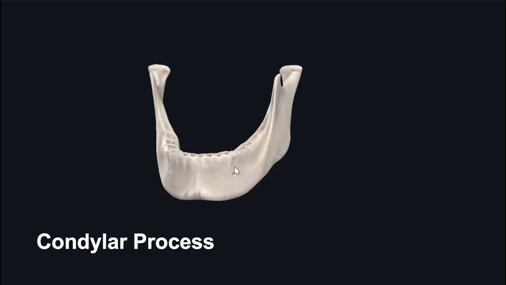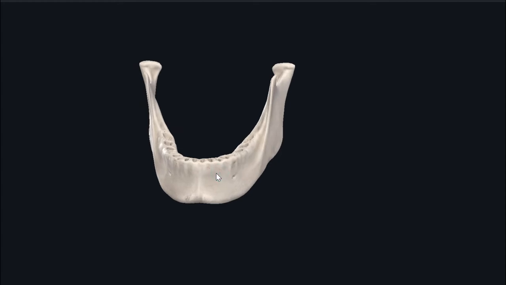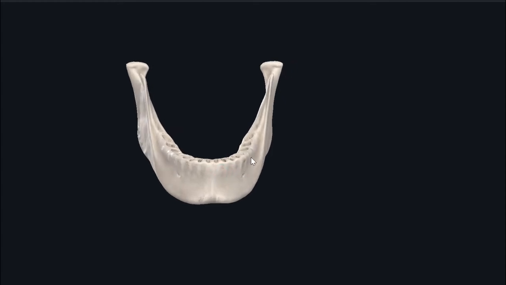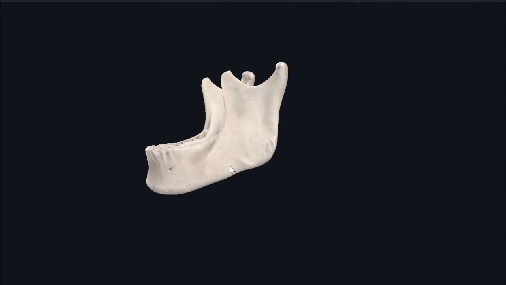Now, what are the major parts of the mandible? Mandible has a body. Body is U-shaped anteriorly. If I pick up the mandible on this side, this is the lateral view of the mandible. The body continues as a flat structure called the ramus.